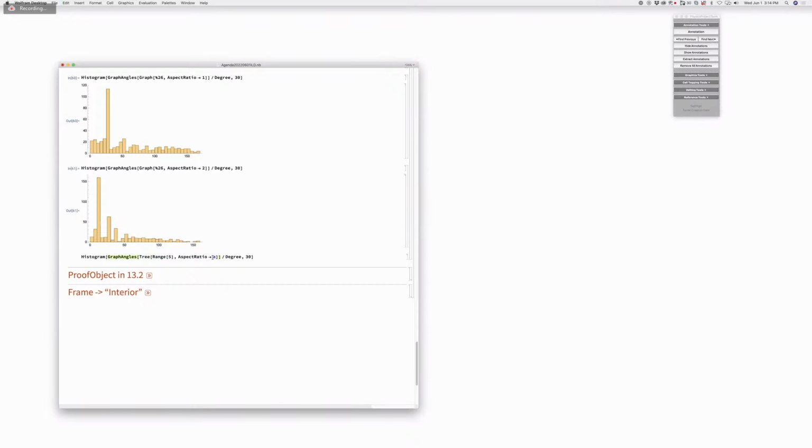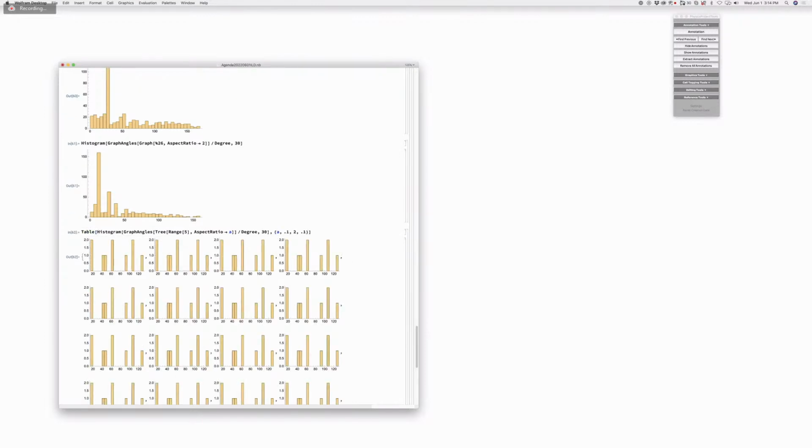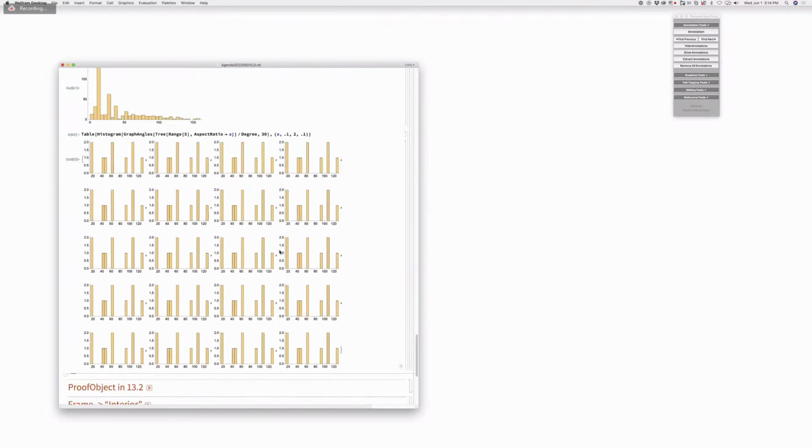Okay, let's just make a table of these with aspect ratio A going from 0.1 to 2 in steps of 0.1, for example. Well, this is indicating that they're identical, which is wrong, but that suggests that something is happening.